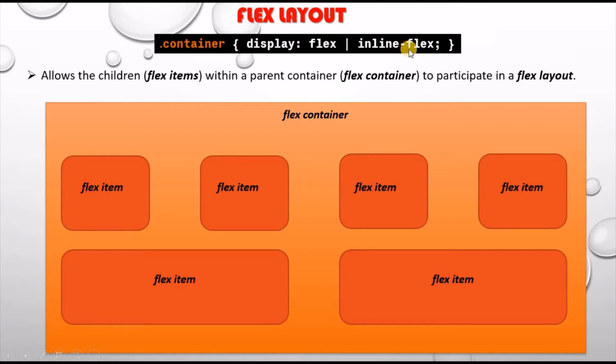Flex or inline-flex doesn't change anything inside the Flex items; they will just act the same. It only affects the container. When you say display flex, it's a block container, but when you say inline-flex, it's now an inline container. But otherwise, inside the container, things will just behave the same. There's no difference.